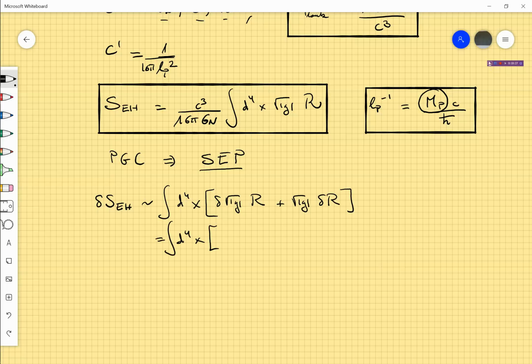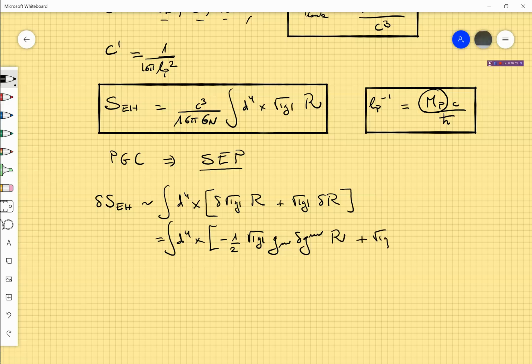We choose to vary with respect to the inverse metric because it will be simpler. We know that the variation of the square root of the metric gives you minus a half of the square root of the determinant of the metric times g mu nu delta g mu nu inverse. And all these times R.